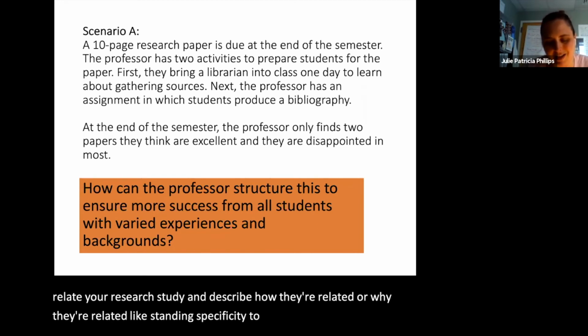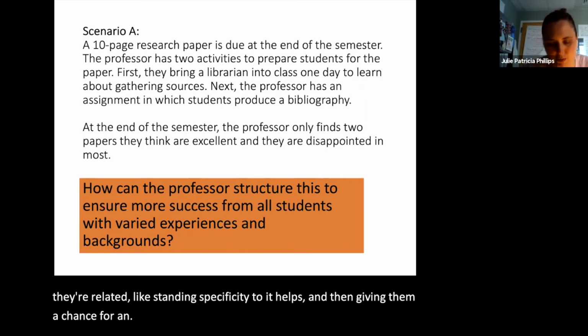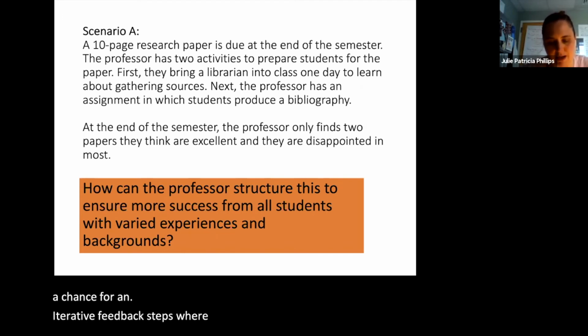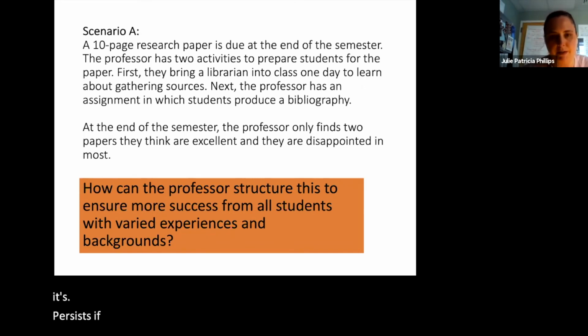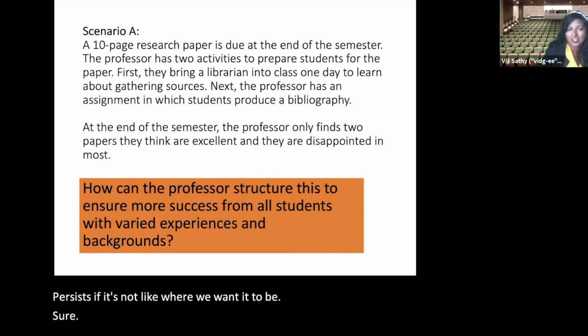And then giving them a chance for iterative feedback steps, where we give them feedback and they can fix it, also helps, because then they have another shot if it's not where we want it to be. Sure. Good. So that's a lot of great structure to add in the scenario.